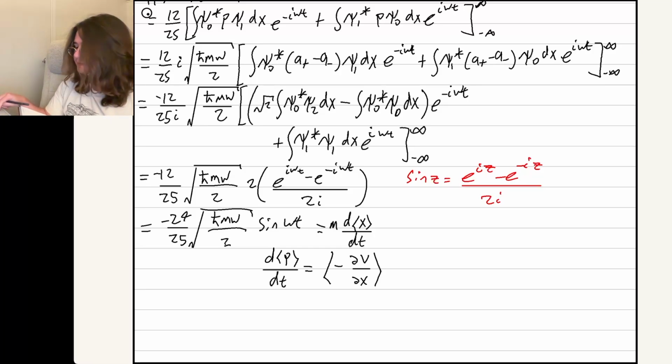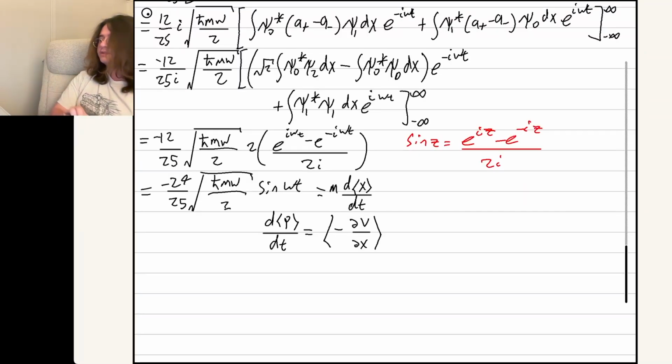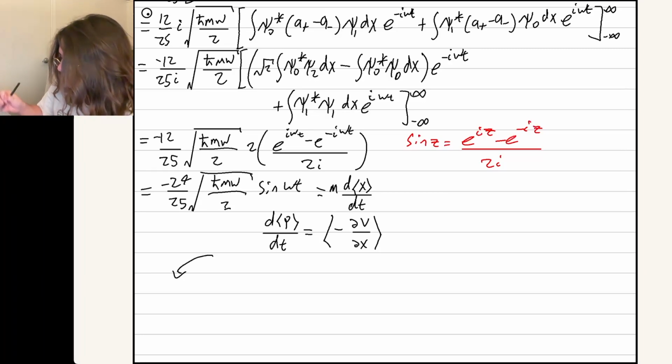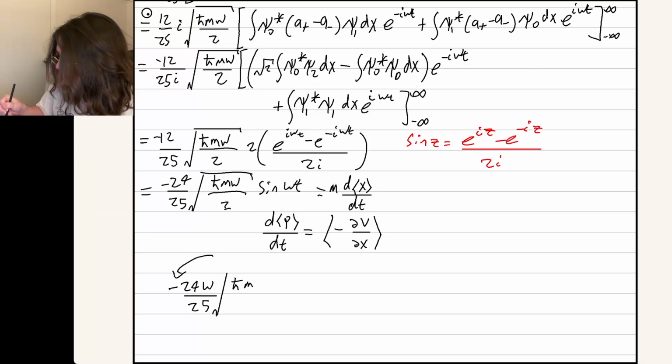Well, we can go ahead and take the time derivative of our expectation value of p to be just minus 24 omega over 25 times square root h bar m omega over 2.